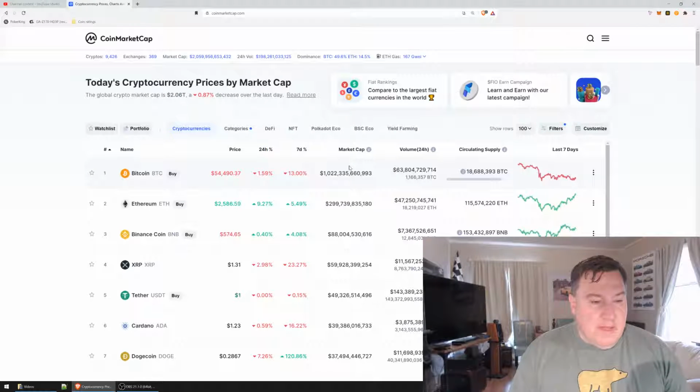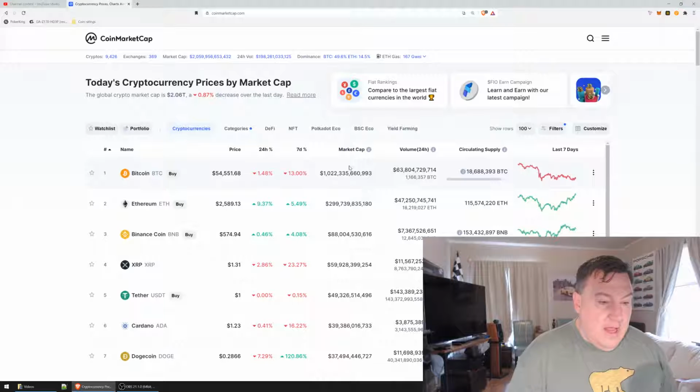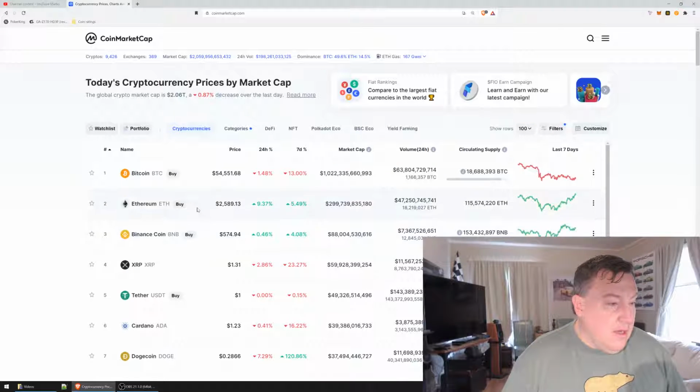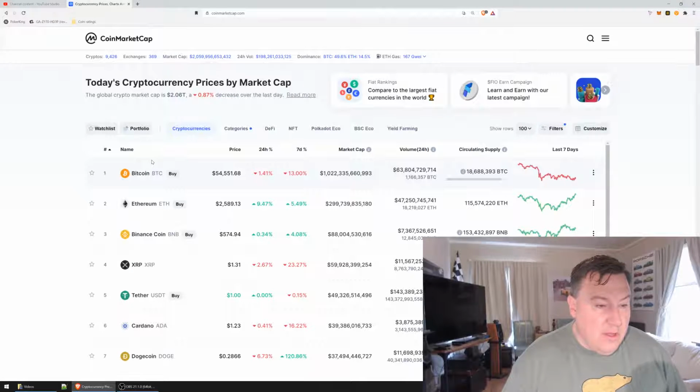What if I were to be able to get, my name's Ray, if I get a Ray coin on this list, and what if I could arbitrarily just pick a market cap? What if I said that Ray coin has a higher market cap than Bitcoin? To a lot of users, if they're just looking at this list and they see Ray coin and they see $2 trillion market cap, they might just take it at face value.